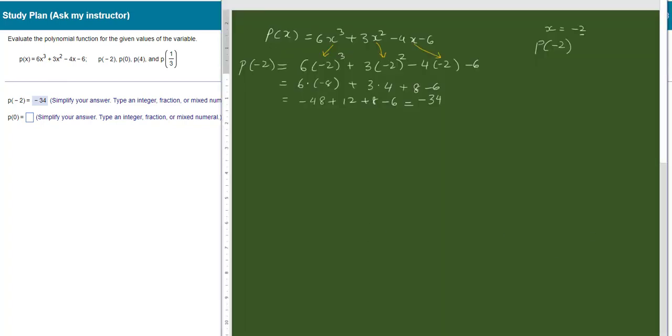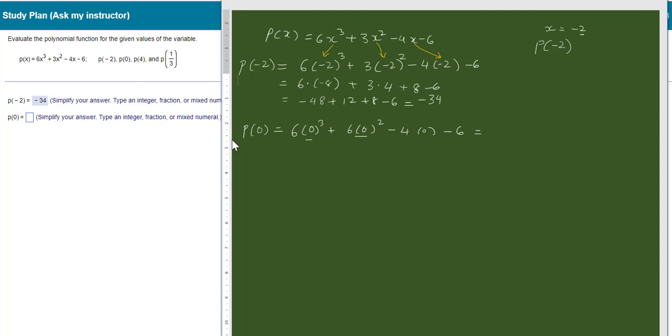This is rather simple. You have what is the value of the polynomial when x is 0. Again, replacing every x with 0. You will get 0 cubed is 0 times 6 is 0. So any number multiplied with 0 is 0. So this term is 0.